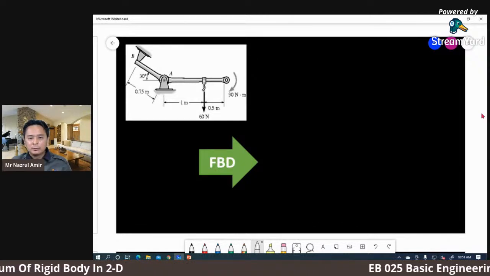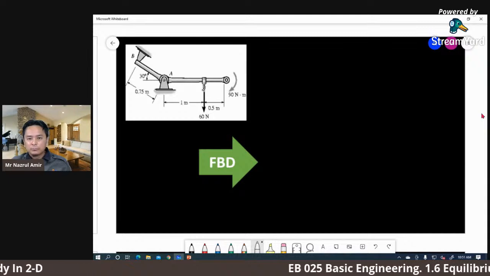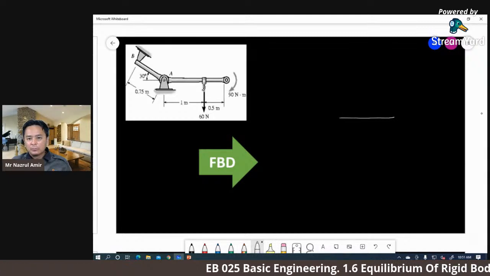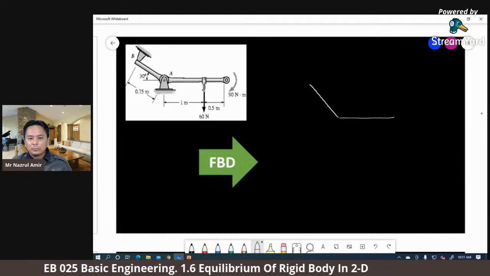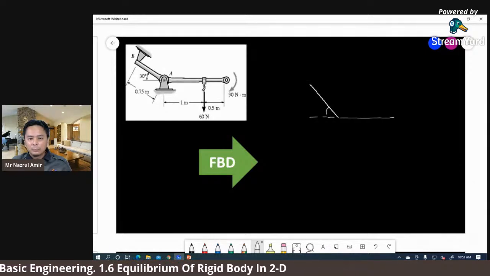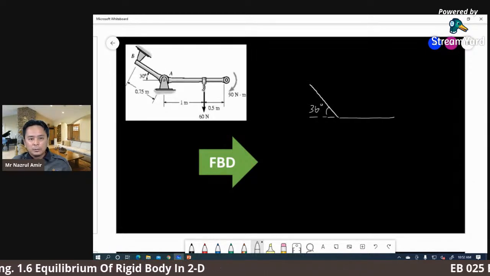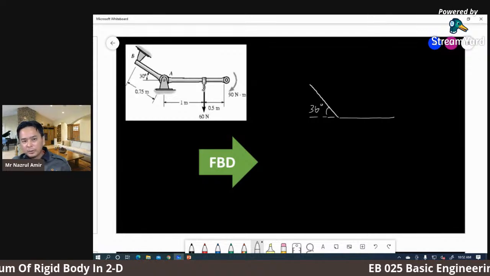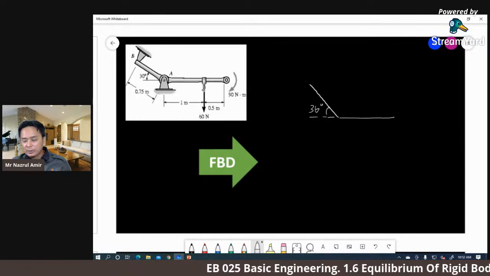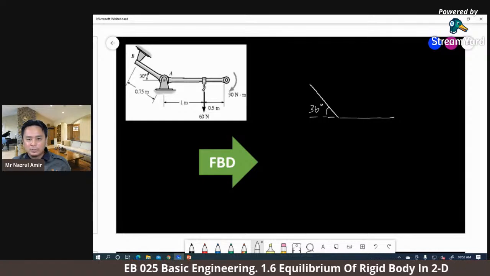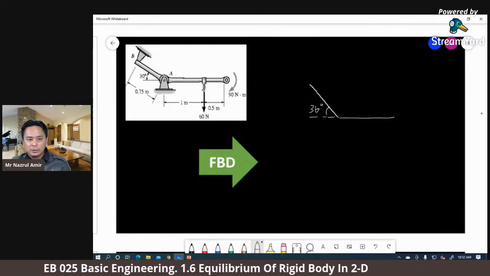So FBD, the body, the link, okay. And there is no information about the weight and the thickness of the body, so assumed to be weightless and no thickness in this question category.